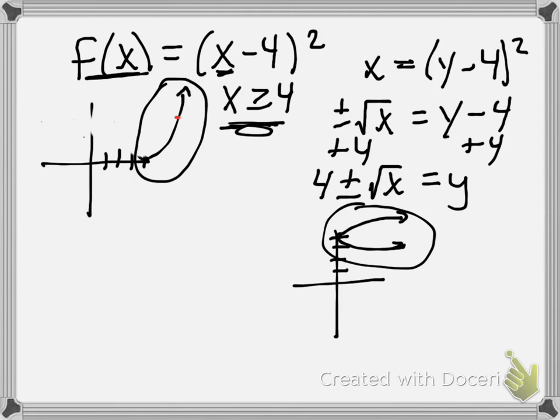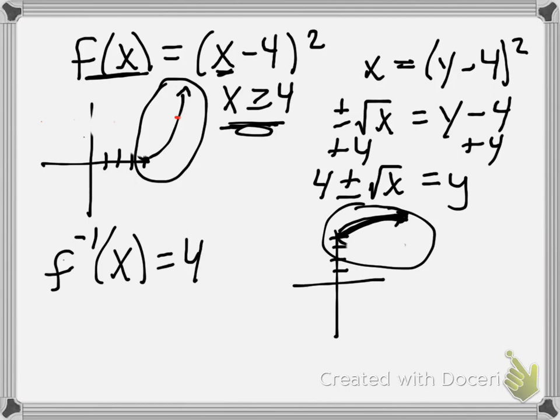Well, my range being greater than or equal to 4 means I'm going to be dealing with this top one right here, because that's all my values greater than or equal to 4. So in reality, just the plus version, so my f negative 1 of x equals 4 plus the square root of x is my inverse of this one.